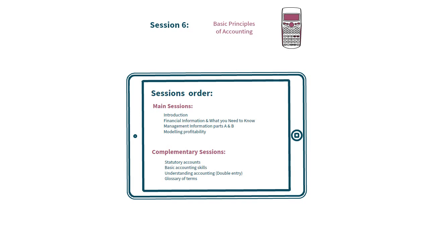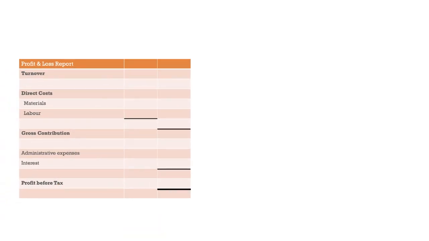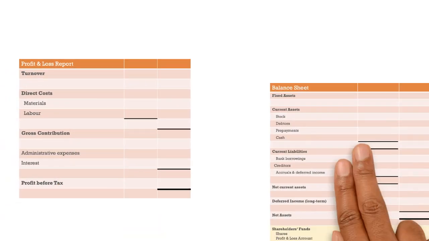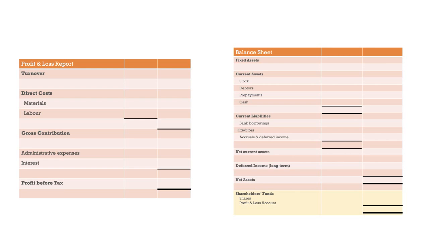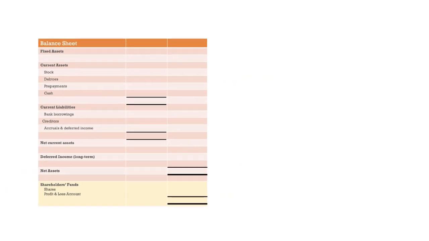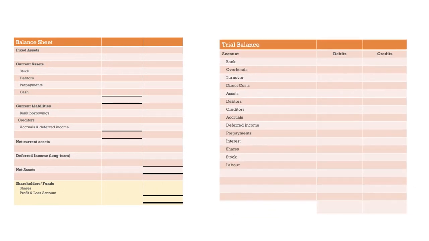Generally, we'd be using an Excel model for this purpose. So let's have a quick look at this Excel model and view the two main reports that you will normally get from your accounts: the profit and loss report and the balance sheet. If we look at what we call the trial balance, you'll see that this is made up of a series of accounts, including the bank account, overheads, turnover, direct costs, and so on.